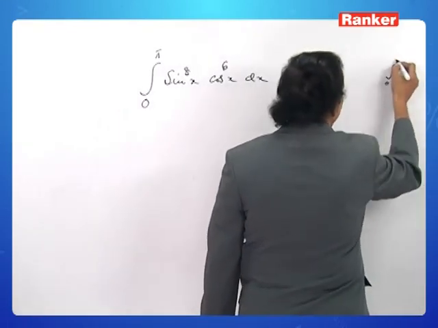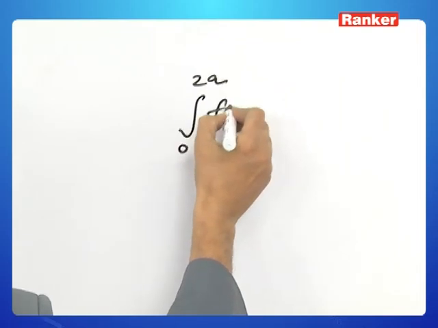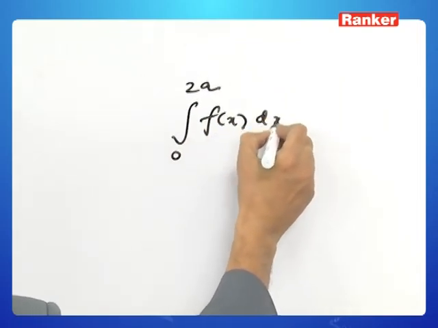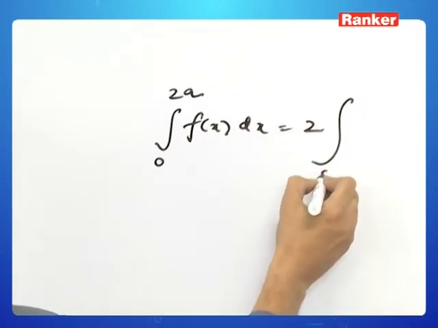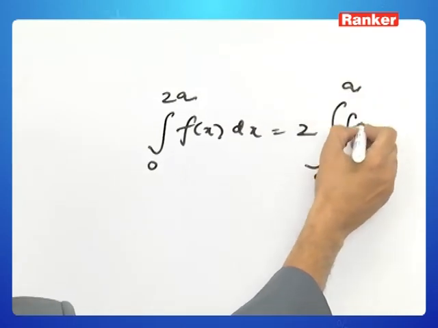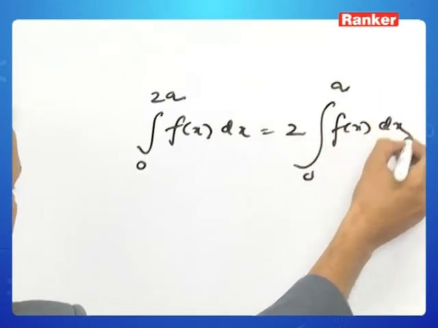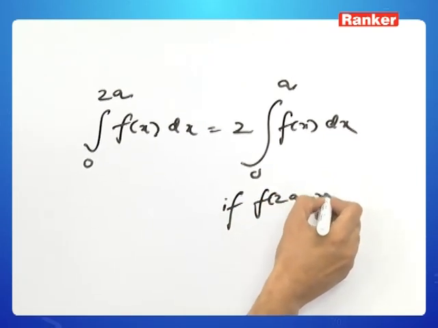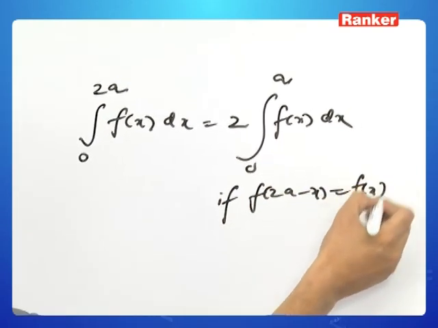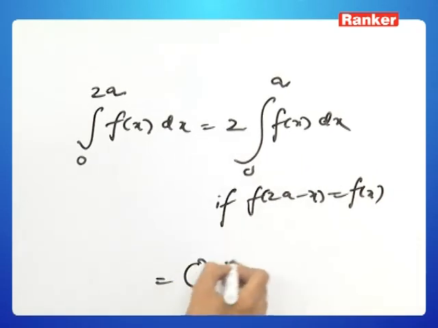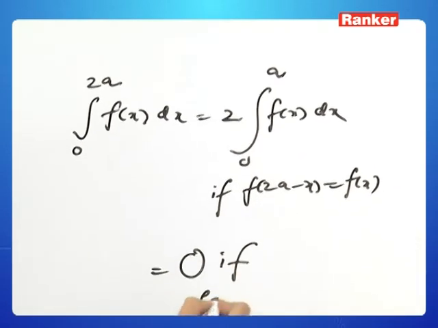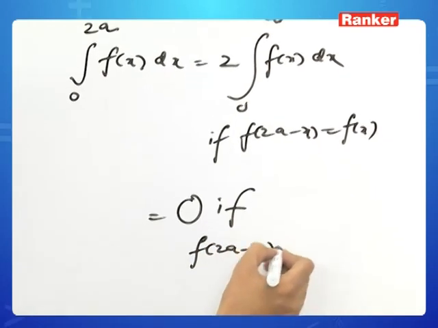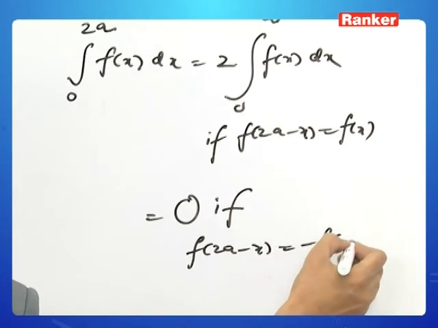Integral 0 to 2a f of x dx is equal to 2 into integral 0 to a f of x dx if f of 2a minus x is equal to f of x, and is equal to 0 if f of 2a minus x is equal to minus f of x.